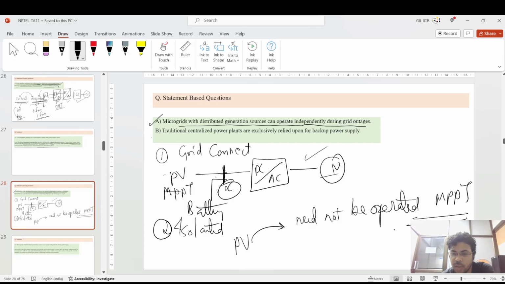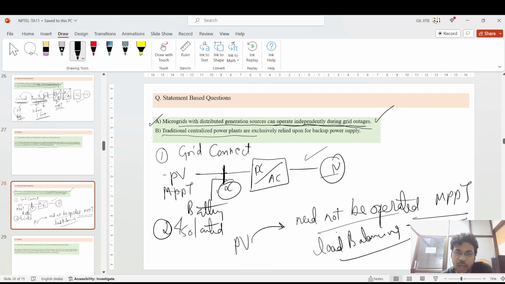So by controlling this mechanism, it is not operating at the MPPT points, not operating at the VMP or IMP. In this situation, you can do this load balancing. So a microgrid with distributed generation can operate independently during the grid outage.